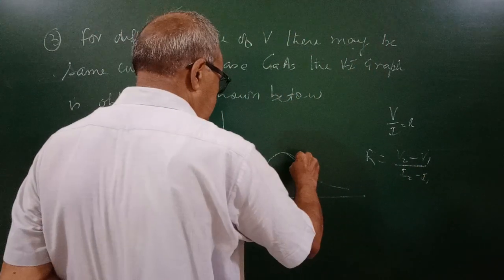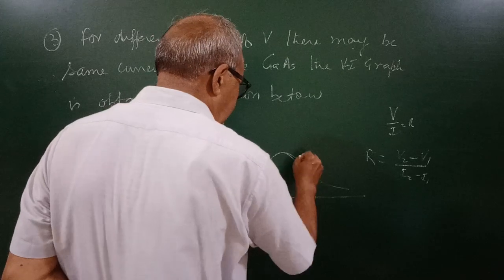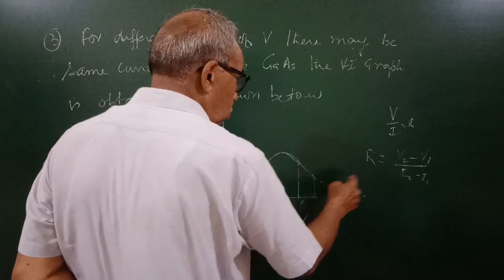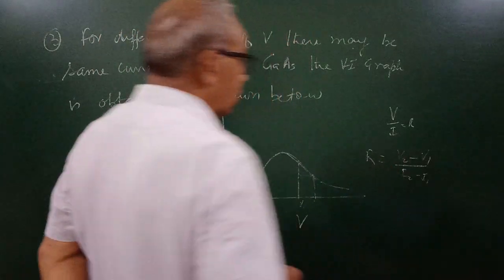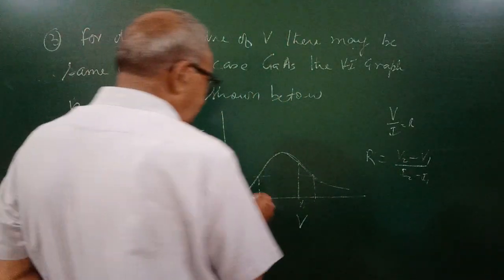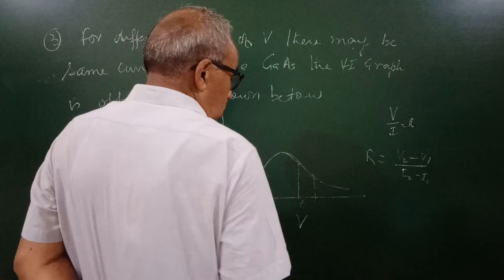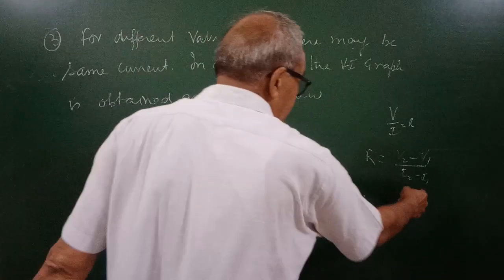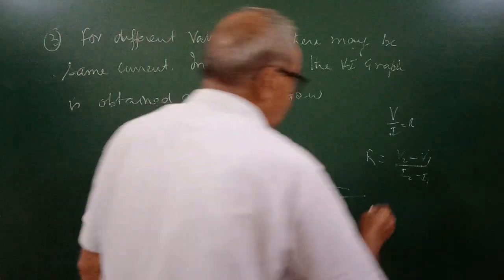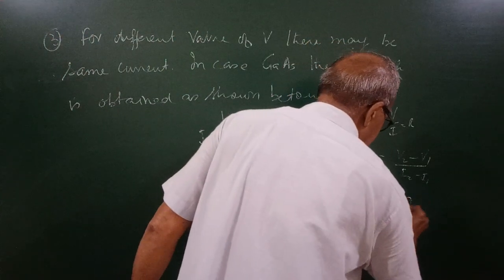So here, suppose this is V1 and this is V2, so V2 is less than V1, so the numerator will be negative, while the denominator is positive. So this will be negative resistance.